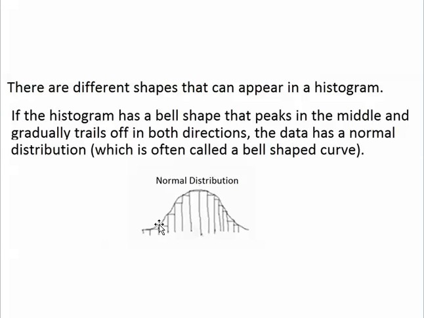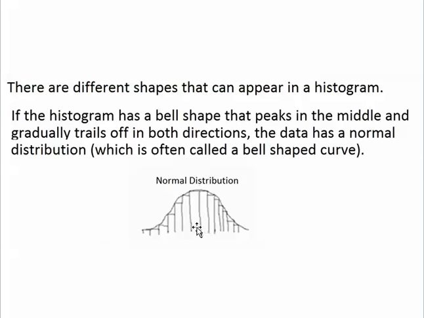It goes up gradually and makes a bell shape, and then it goes back down gradually again. This is the type of shape that a data set has when you have few people with really low values, and few people with really high values, and most people with values that are median or in the middle right here.